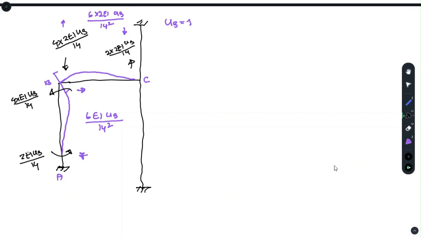We'll apply our second equilibrium equation at point C, and our third at point B. Then we will solve the equilibrium equations and find our unknown Dokis.